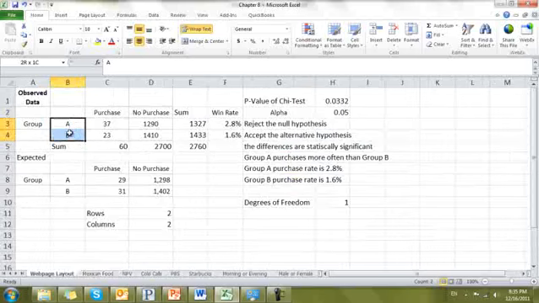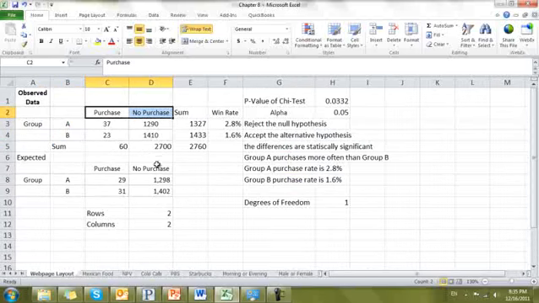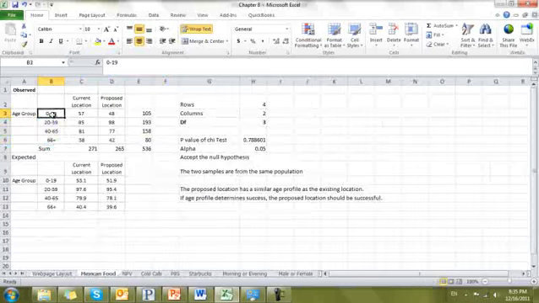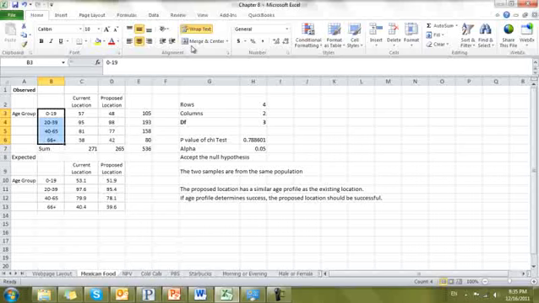And one could say here, there's 2 samples and 2 different categories of answers. Notice here my categories of answers are going across, whereas here my categories of answers are going down. Chi-square doesn't really care if it's going across or down. It does care to make sure that this setup and this setup are laid out in the exact same manner for Excel to do its work with this function.